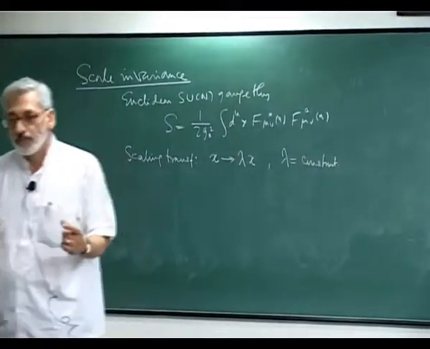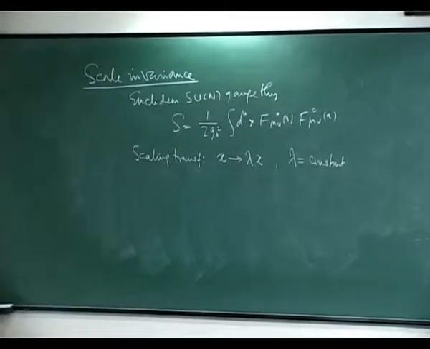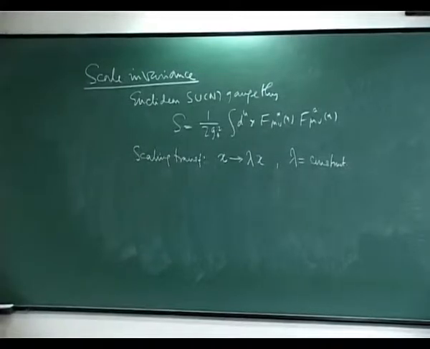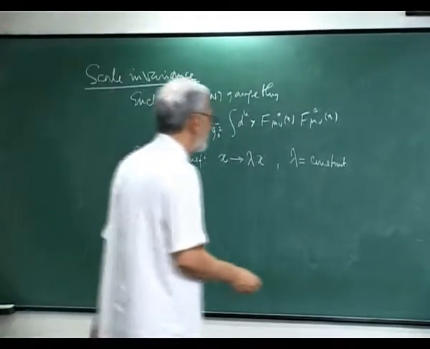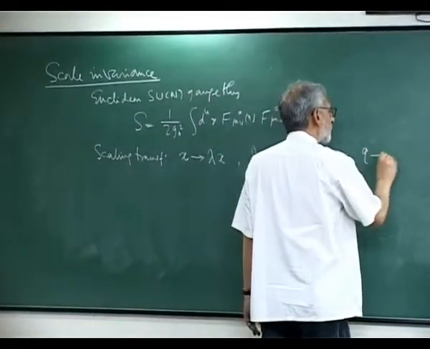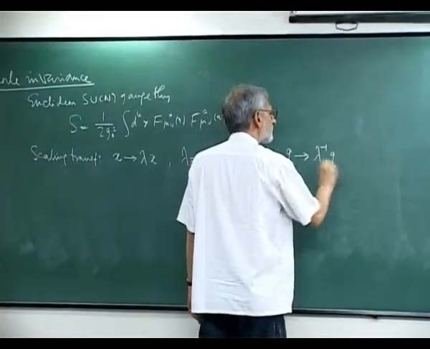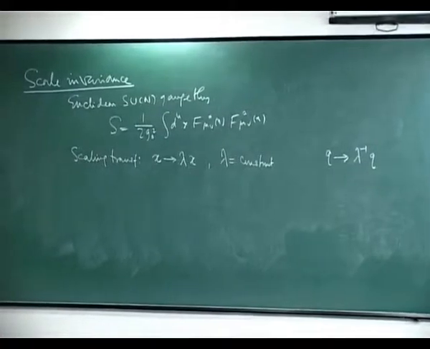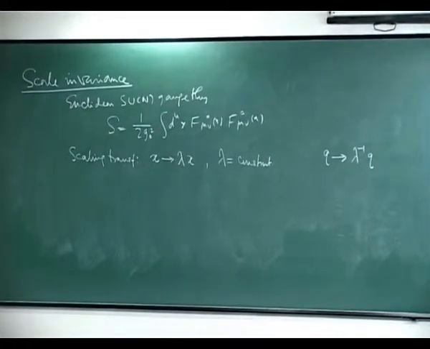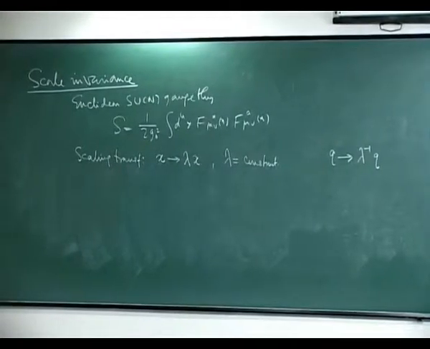And if I scale distances by lambda, I scale momentum by lambda inverse. I scale mass by the inverse too, because we are working in c equal to 1 units. Mass is energy, and energy is momentum in dimensions.